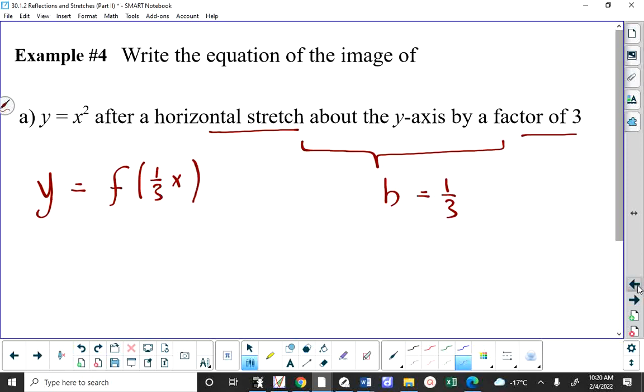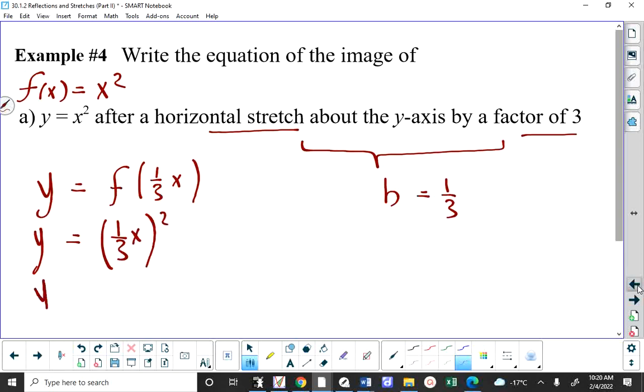But since we know f of x, we can put a third x into the function. If f of x is x squared, then f of a third x is (1/3 x) squared, or 1/9 multiplied by x squared.